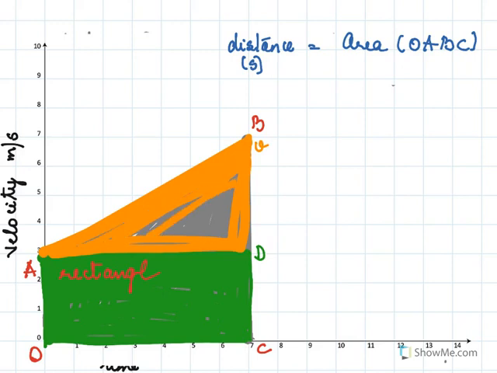So these two areas I need to find, and this is the area of the triangle.